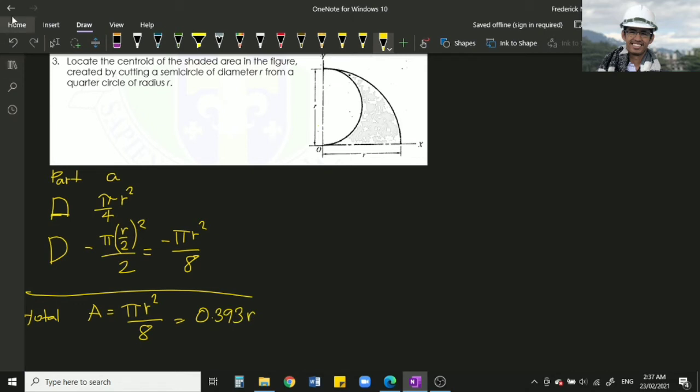Okay? So, pagsamahin lang natin yan, no? Pi r squared. So, yung solution natin is pi over 4 r squared minus pi over 8 r squared. Okay? So, magiging 1/4 minus 1/8 lang ito. No? So, 1/4 minus 1/8. So, that will be equal to, type nyo na lang sa calculator nyo, 1/8 din yung lalabas.